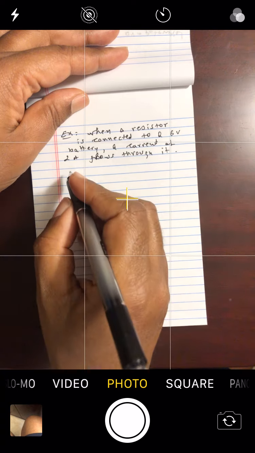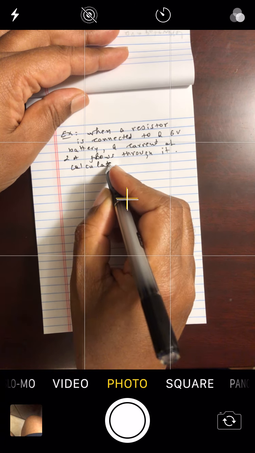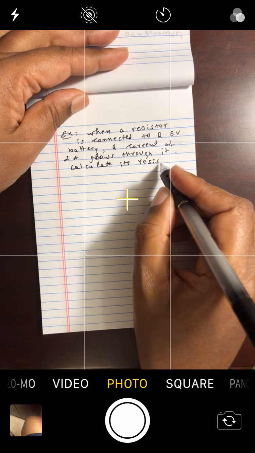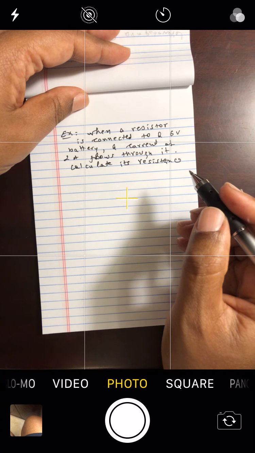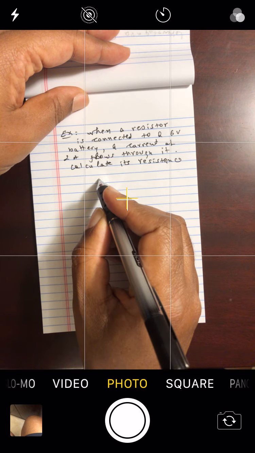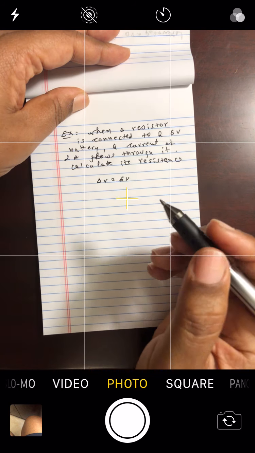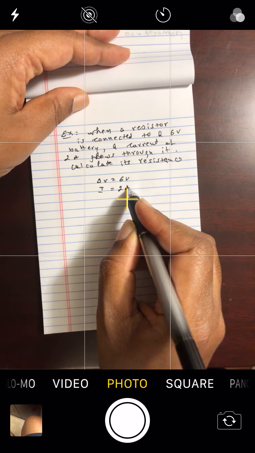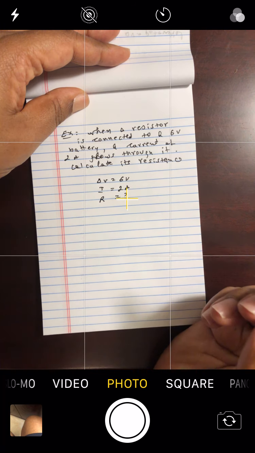The question is, calculate its resistance. So we have a resistor connected to a 6-volt battery. That is, the potential difference across the resistor is 6 volts, and a current of 2 amps flows through it. The question is, calculate the resistance of the resistor.